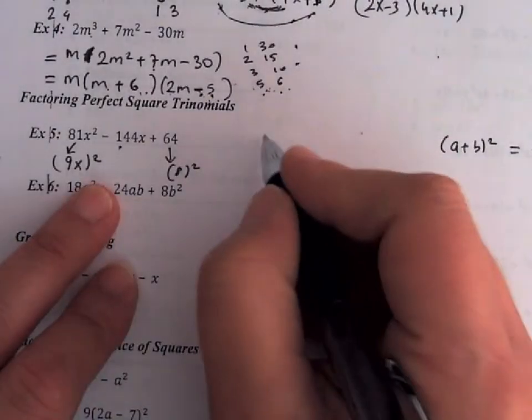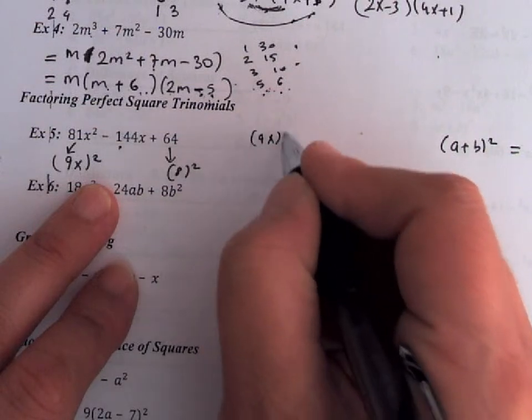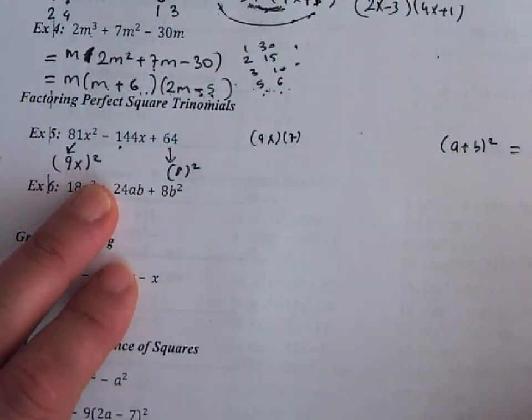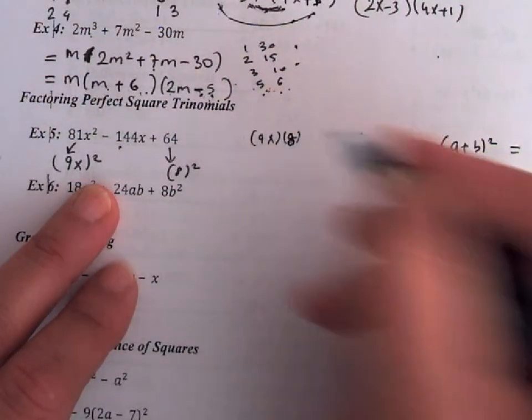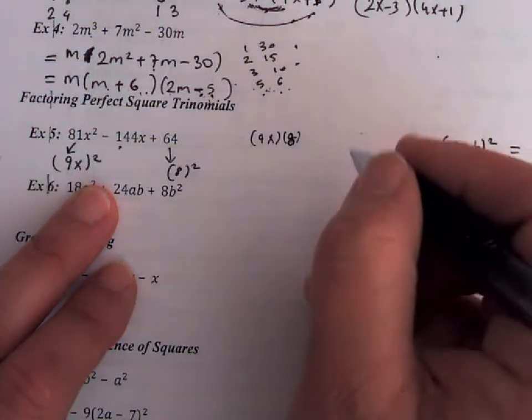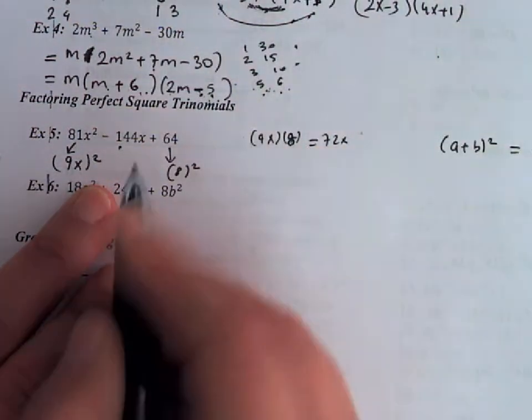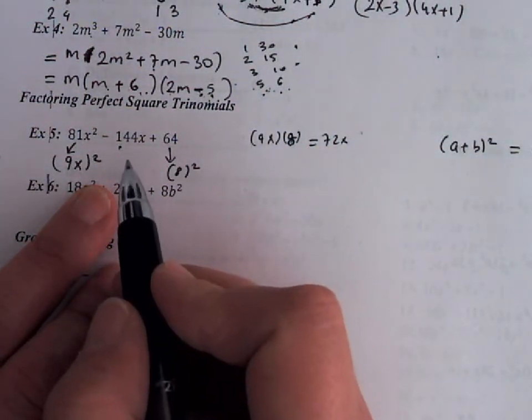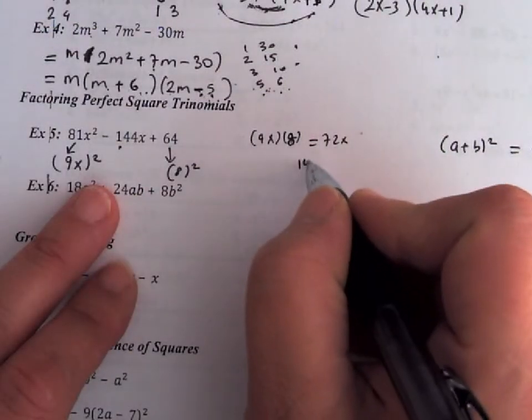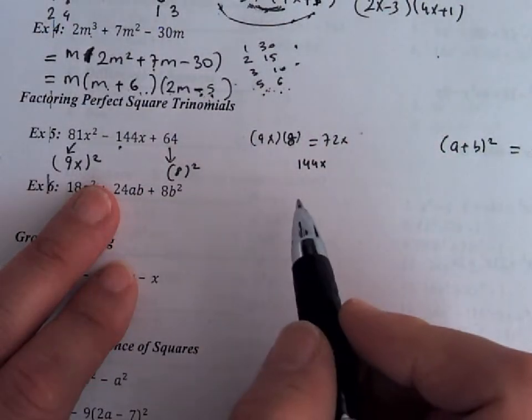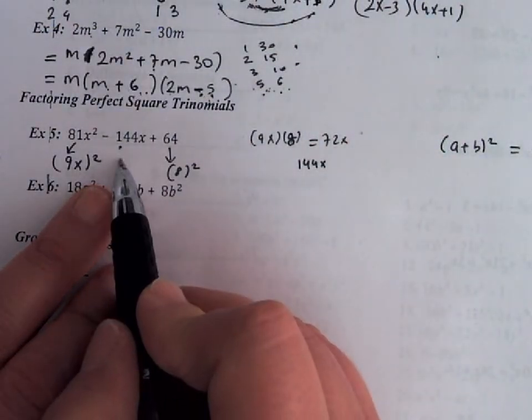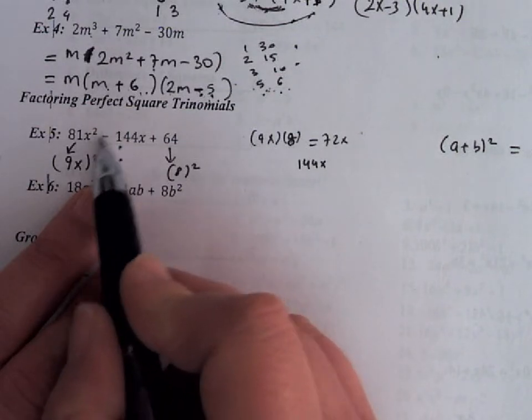Okay, so 9x times 8, sorry. 8 gives us 72x. Then we multiply it by 2. So we get 144x. Oh, it's perfectly matching with the number that we have here.